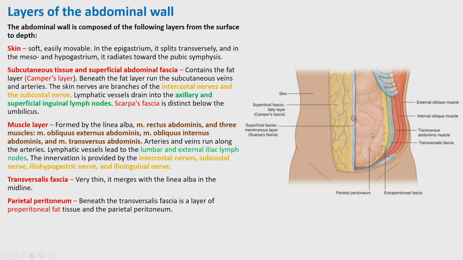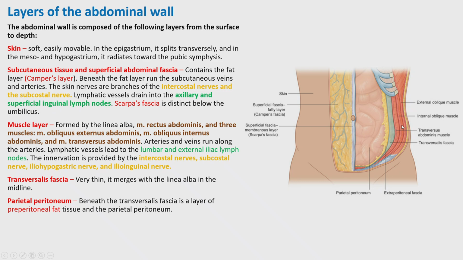And the muscular layer in the anterior region is rectus abdominis, and in the lateral region continues as obliquus externus, obliquus internus, and transversus abdominis. And there are the arteries and veins passing here.